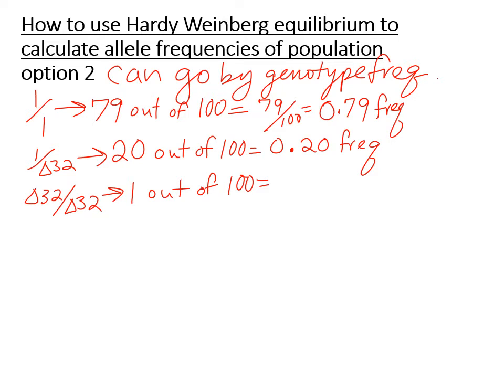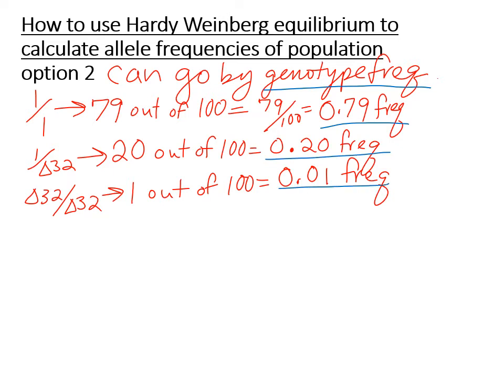So you would do 1 divided by 100, which is 0.01 frequency. Okay, so now that you wrote out your genotype frequencies, there are your 3 genotype frequencies. Now you want to figure out the frequencies of your alleles, right?